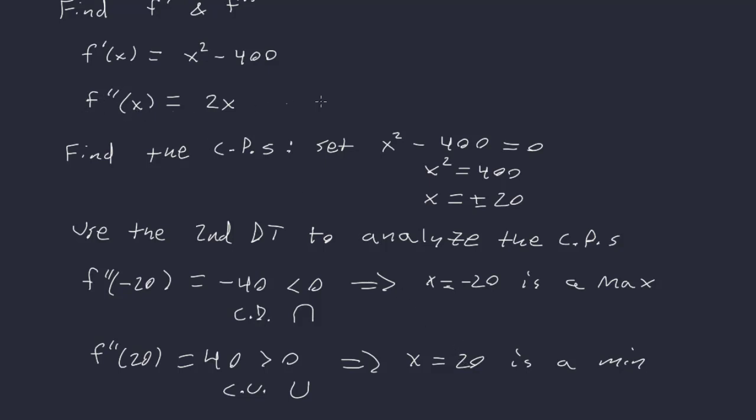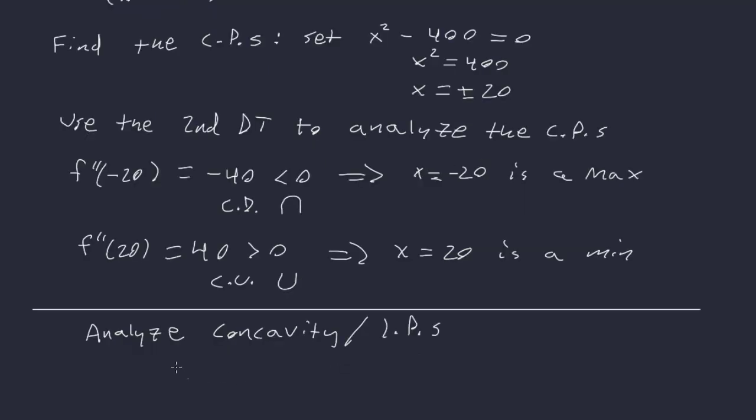All right, so now we're going to try and find the concavity. We're going to try to find the inflection points and analyze the concavity. So what we're going to do is set f double prime equal to 0. So f double prime is 2x, so we'll just set that equal to 0 and solve.